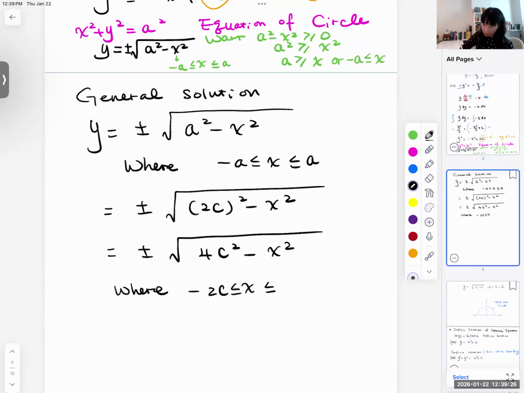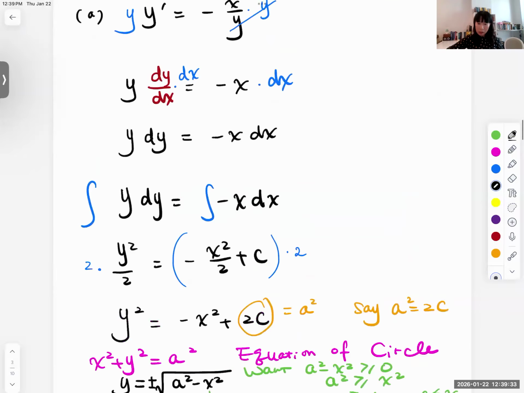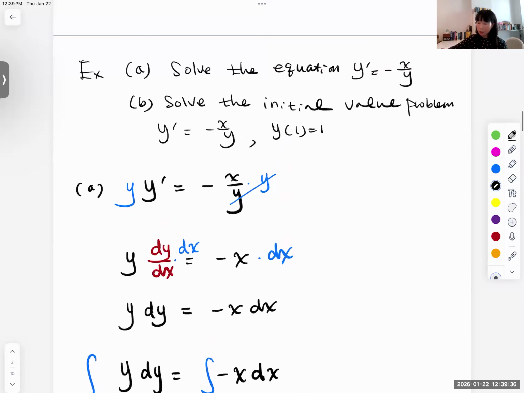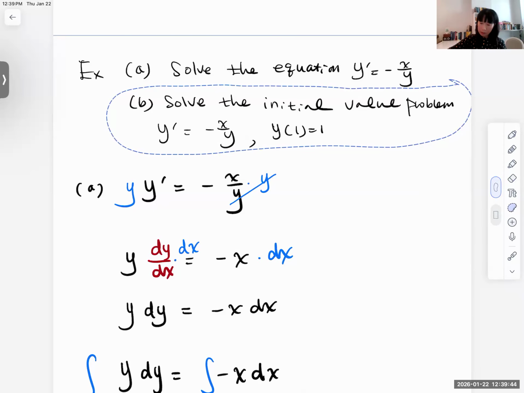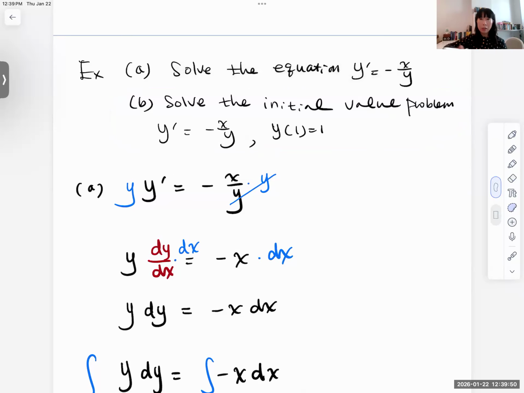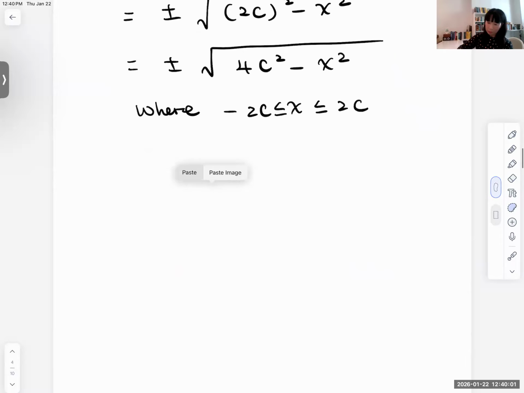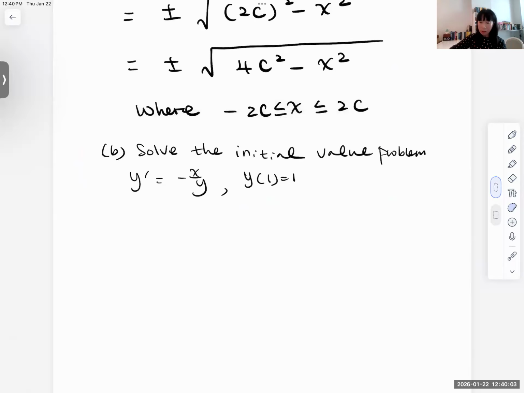All right. Now, second part, it's given an initial value problem, right? So we need to find C. All right, so y of 1 equal to 1.